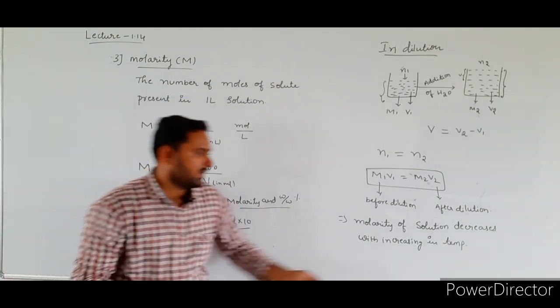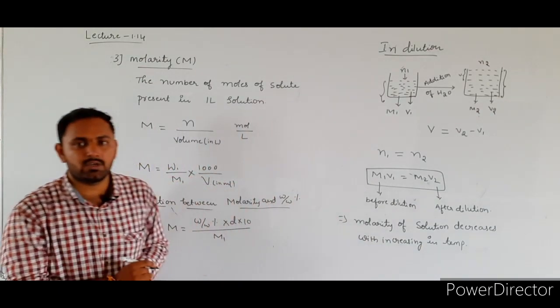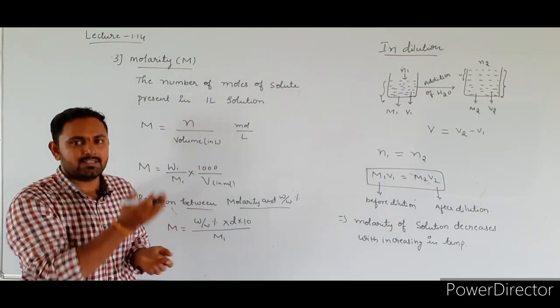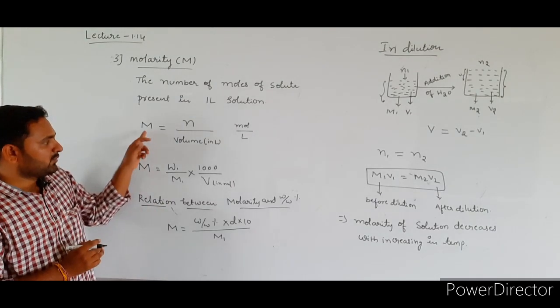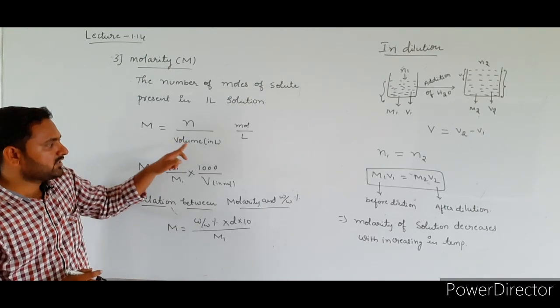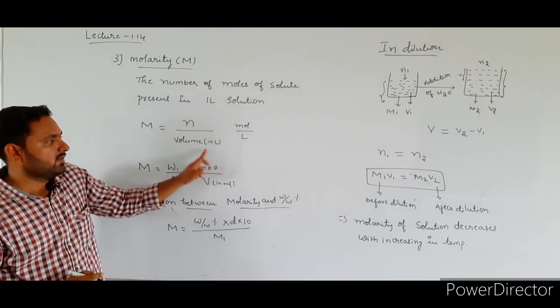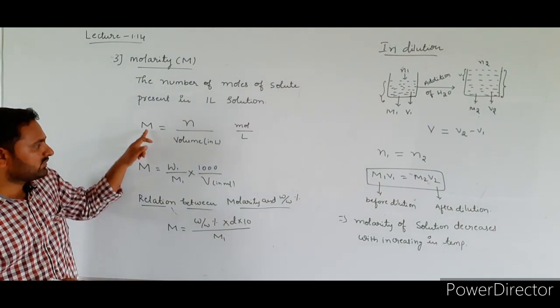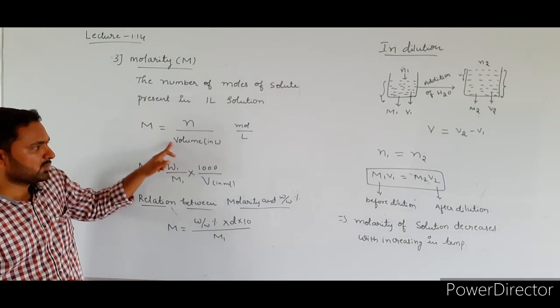Why? Because temperature is directly proportional to volume. As temperature increases, volume also increases. Here the molarity is inversely proportional to volume. As the temperature increases, volume increases, molarity decreases. Why? Because these two are inversely proportional.